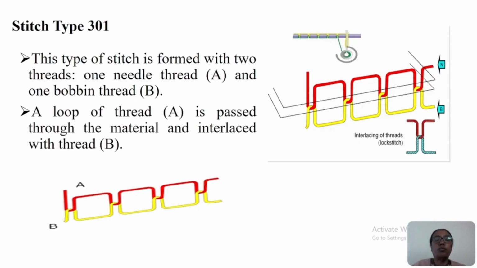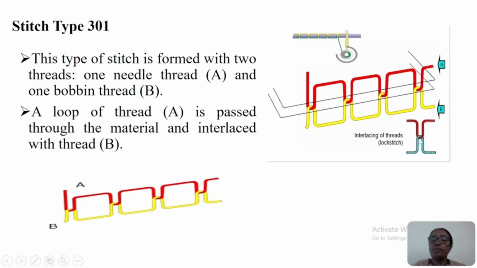This type of stitch is formed with two threads, one needle thread A and one bobbin thread B. A loop of thread A is passed through the material and interlaced with the thread B. This stitch type, the red one, comes from the needle, and the needle penetrates the fabric and inserts into the bobbin, brings the thread and forms the interlacing. The two threads are interlaced together.